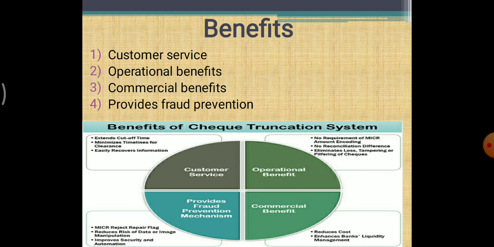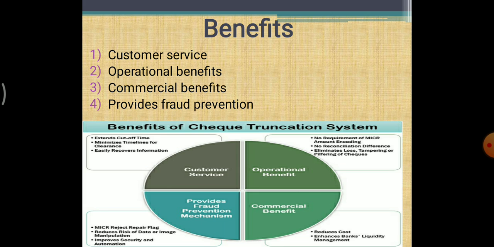And next we can see the benefits. The cheque truncation system brings the whole activity of cheque processing and clearing, offering several benefits in the following ways. First one is customer services.